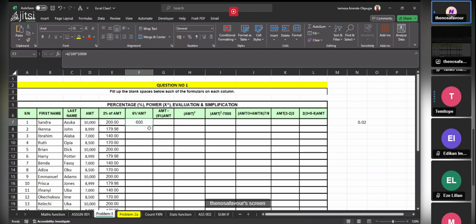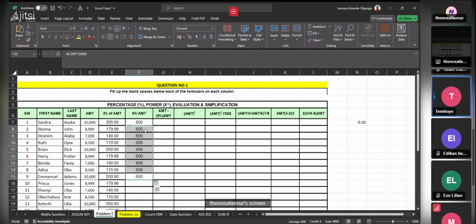You are correct. But there's an issue. Because as a data analyst, you want to save time, to get maximum results with minimum effort. Now, if I want to copy this formula across, are you seeing what's happening? We are getting the same 600 amount exactly. Do you know why that happens?